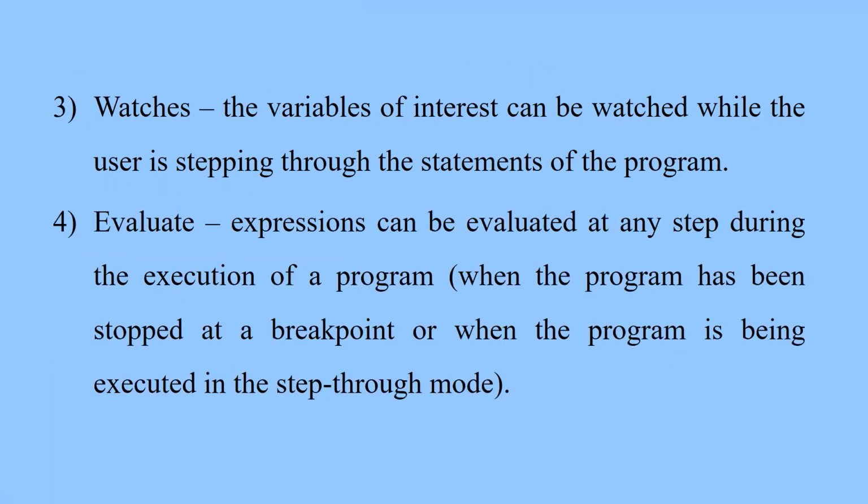Number 4, we have the evaluate submenu. Expressions can be evaluated at any step during the execution of a program, that is, when the program has been stopped at a breakpoint or when the program is being executed in the step through mode.